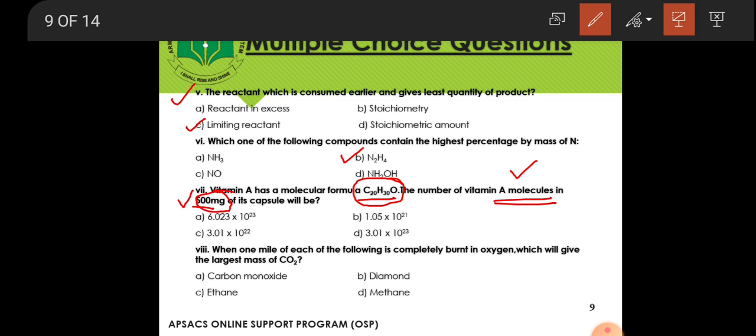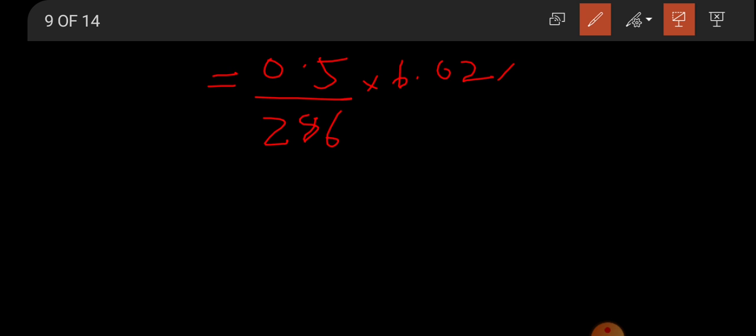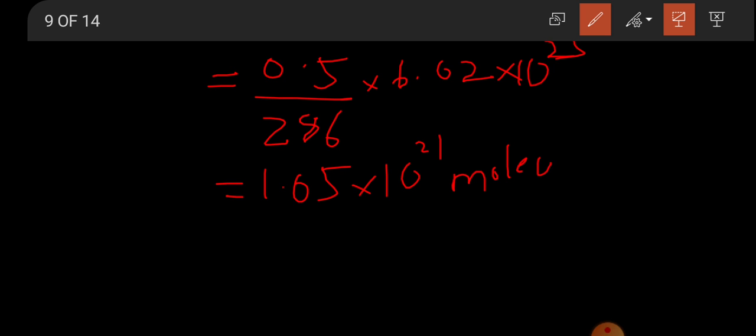So let's solve with the help of this formula. Molecules is equal to mass, 0.5 gram, over molar mass, 286 gram, multiplied by Avogadro number 6.02 into 10 raised to power 23. So you will get the answer 1.05 into 10 raised to power 21 molecules. So B part is the correct answer.